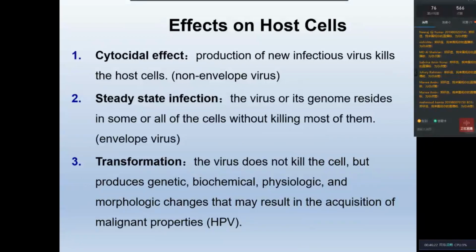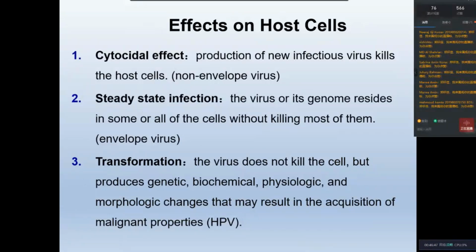They replicate to form a large number of new viral particles in the host cell, and finally the host cell is lysed. So viral particles will be released into the host body to infect more cells. So this is the cytocidal effect. The infected cell is killed.